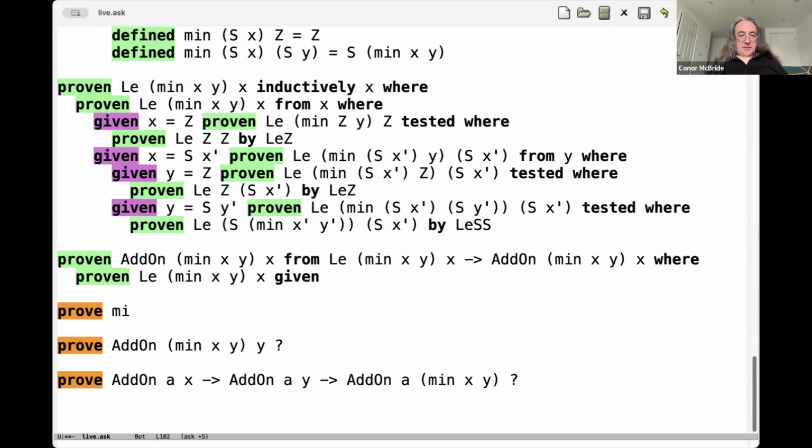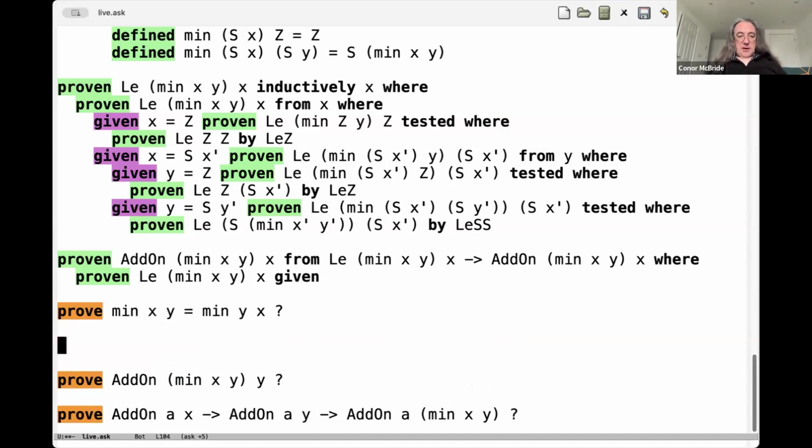Right, so I want to prove min xy equals min yx. And then what am I going to do? I'm going to prove that if A equals B, and I know add on AY, then I know add on BY.